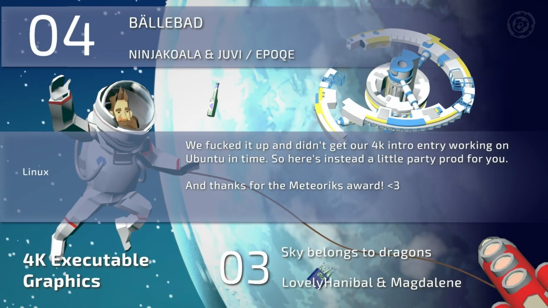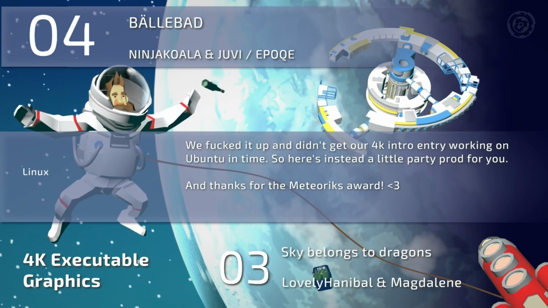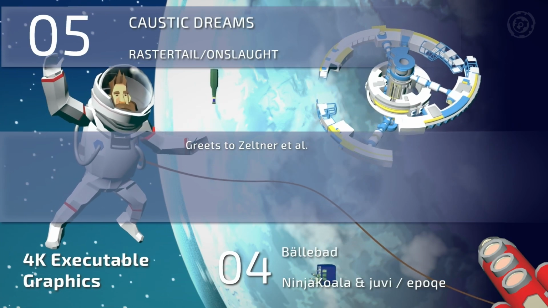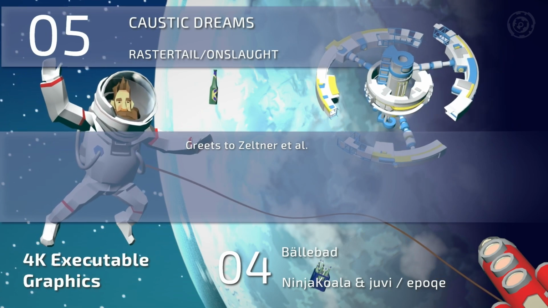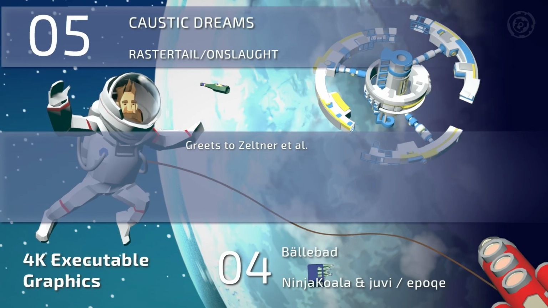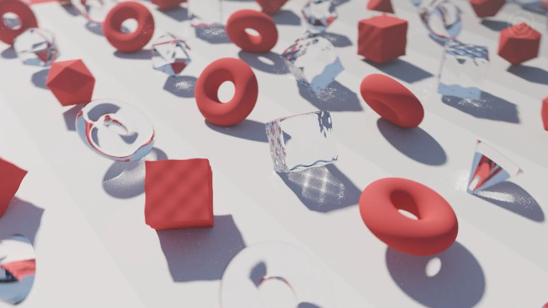Are the shadows the same color as the actual balls? In some cases, yes. Caustic Dreams by Rastertail of Onslaught. This does not say which operating system it runs on, so likely this is Windows.